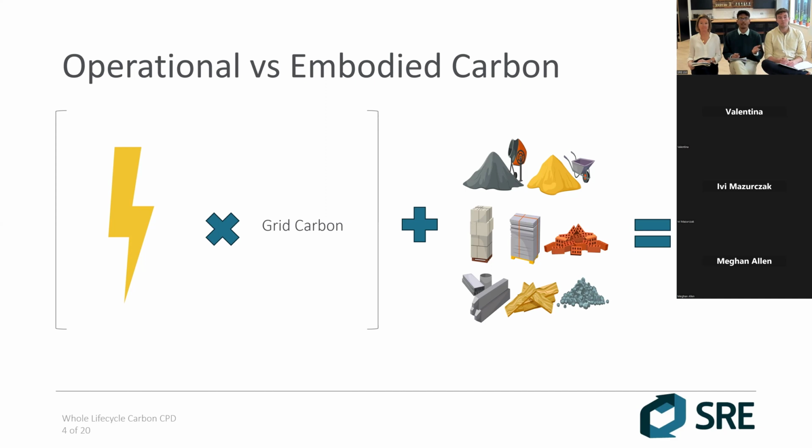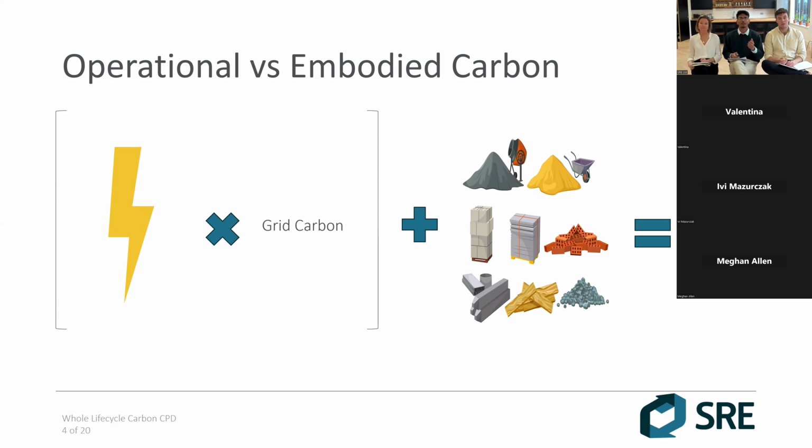Embodied carbon, on the other side, is the emissions associated with manufacturing, your transportation of those raw materials and equipment gone into the building, and also the energy used on site to construct that particular asset. Both these factors make up the whole life carbon over the life cycle of the building.